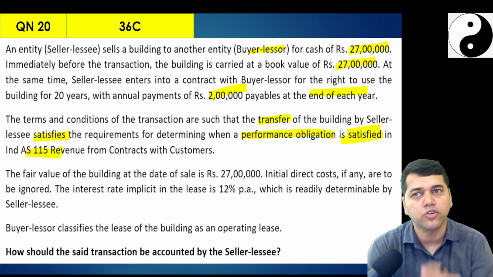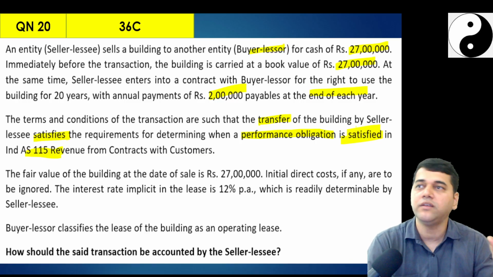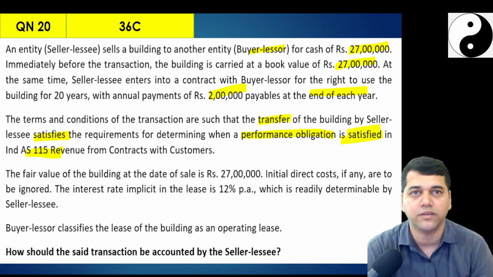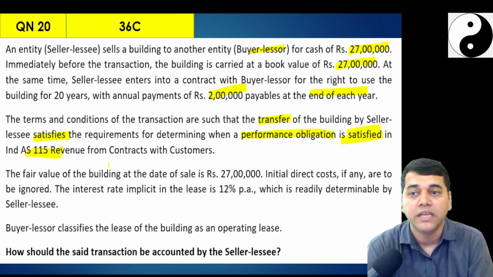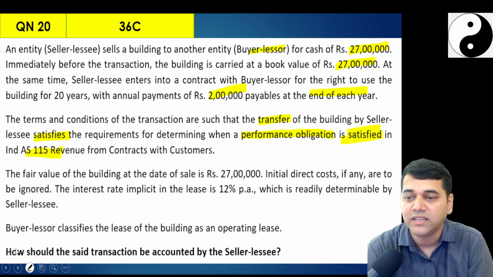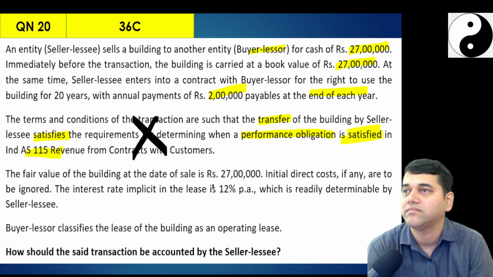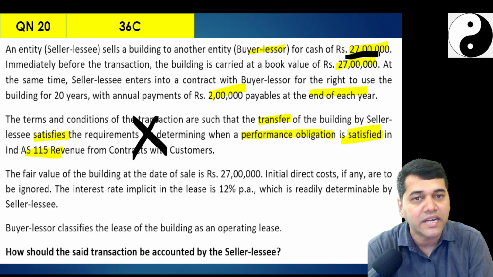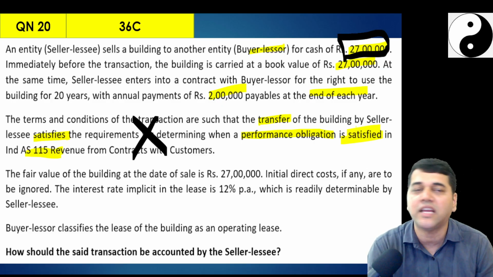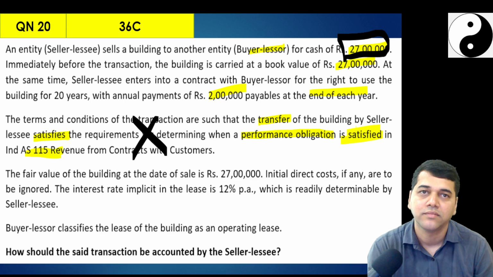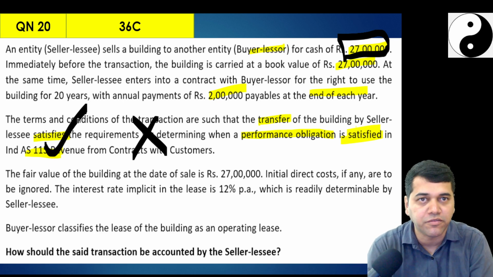The question says that, look, 115 control satisfied. So this entire 27 is a sale and lease back. If at all they would have said that this failed, then for the entire 27 lakh you would have passed one simple entry, bank to financial liability. Since it passes 115, yes, you have to account it as a sale and lease back.